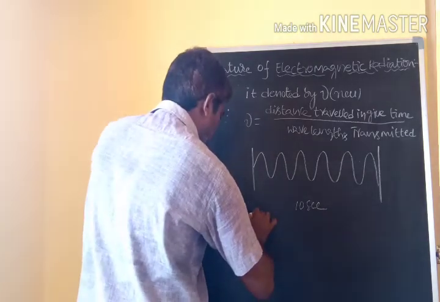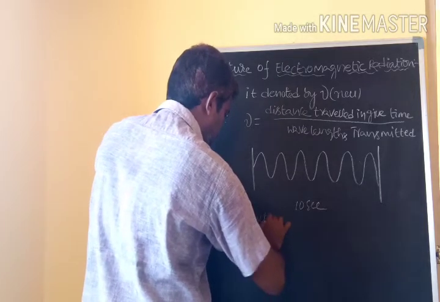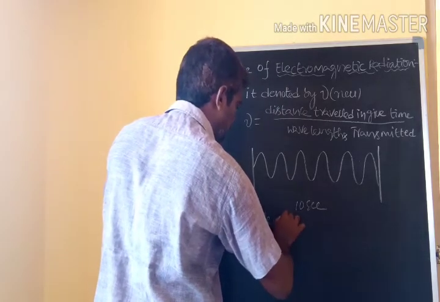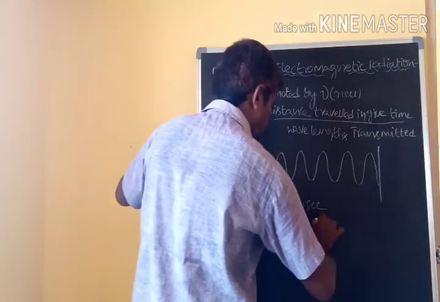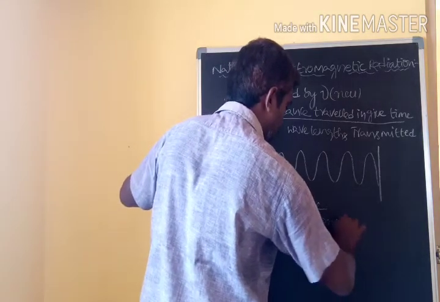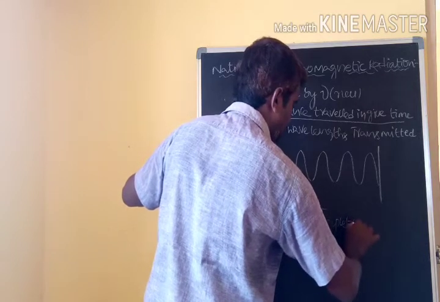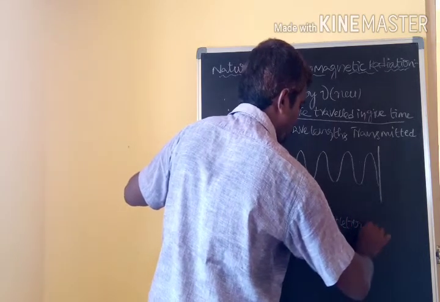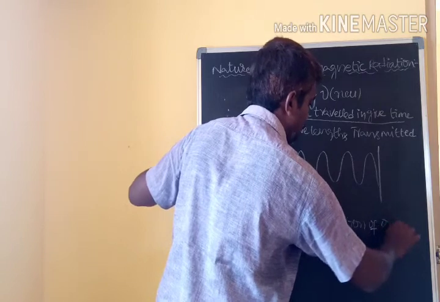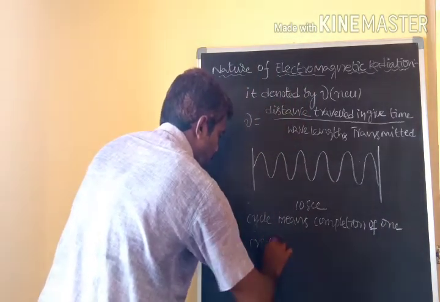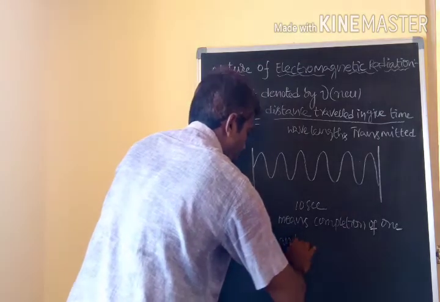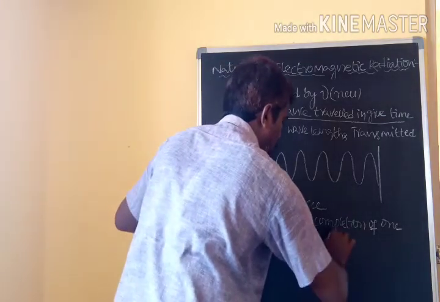Here, one more definition we will take: cycle. Cycle means completion of one crest and one trough.